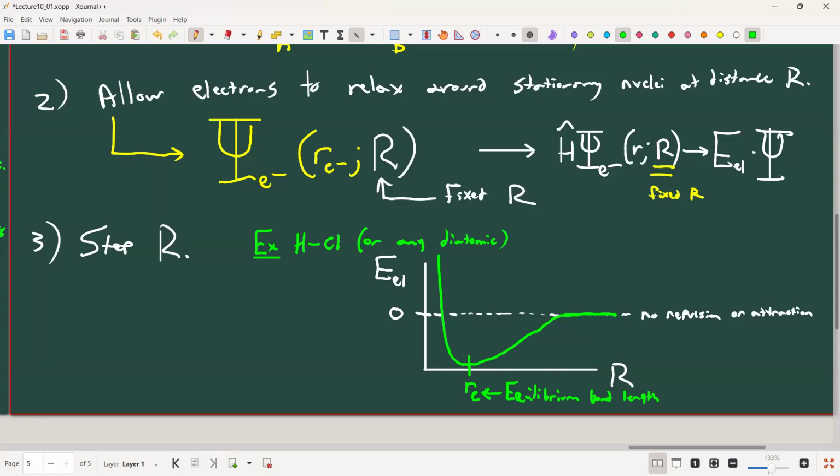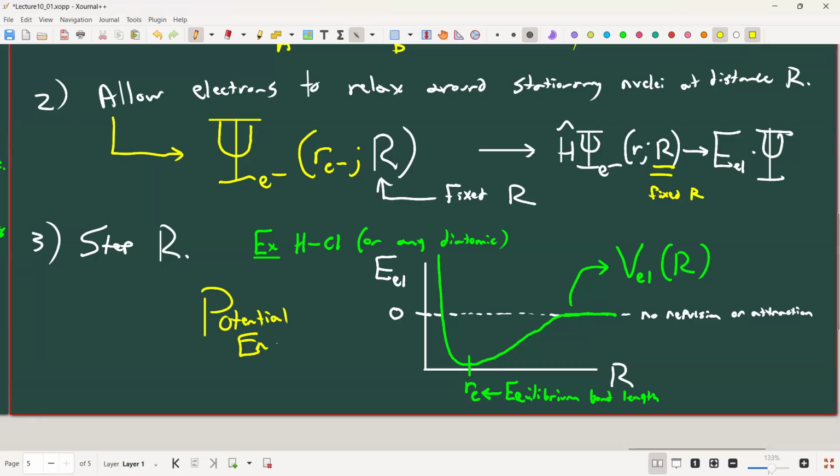We have a special name for this kind of curve. You can call this the potential energy of the electrons as a function of R, and these potential energies are called potential energy surfaces, or PES.